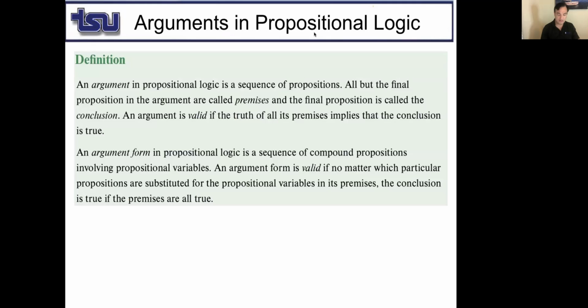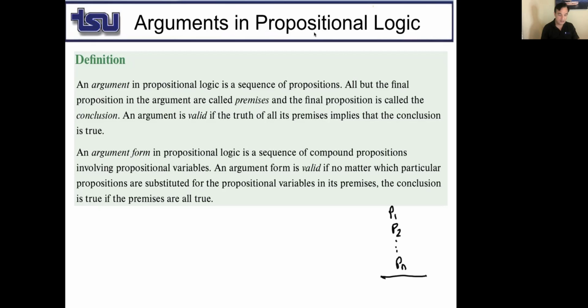So this is another way. An argument in propositional logic is a sequence of propositions, okay? Some of those propositions may be premises, which are given to us, and some of those propositions will be derived from the premises.